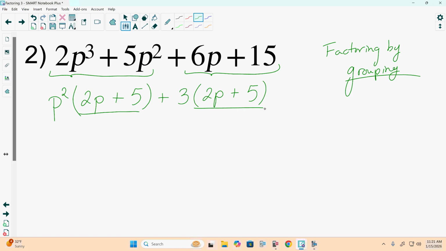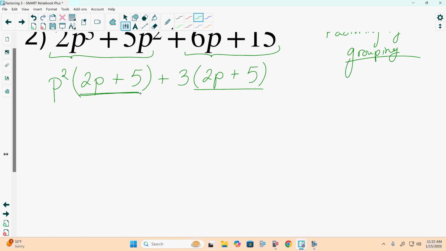And we're used to using greatest common factors with a single number term, not so much a whole expression. But there's nothing that says I cannot factor 2p plus 5, this whole expression, out of both terms. Because if I pull it out of the first term, what are we left with? P squared, yes?